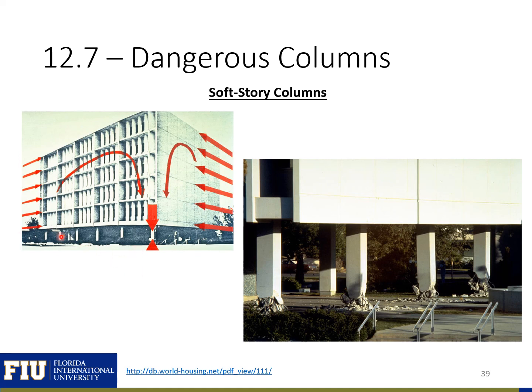We have a soft lobby level and stiff upper section of the building, and we can see the breakdown of the columns here. Essentially, to prevent this, you just need to make sure that you have a similar stiffness between the different stories, so that you don't have all the movement and the breakdown of the columns on the lower story. So make sure you have stiffness compatibility between stories.